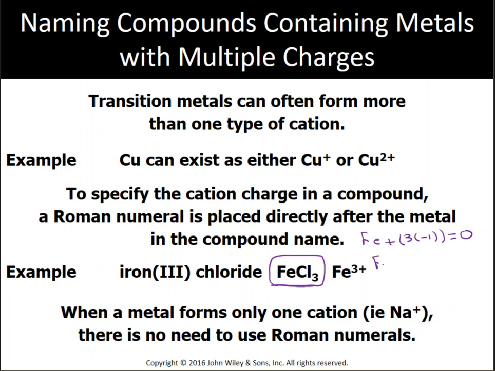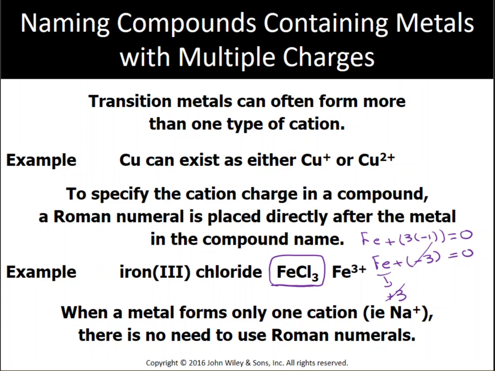Now, the charge of iron plus 3 negative equals 0. If the charge of 3 chlorides is -3, that tells you that the charge of iron has to be +3 in order for this ionic compound to be neutral, to have a net charge of 0.